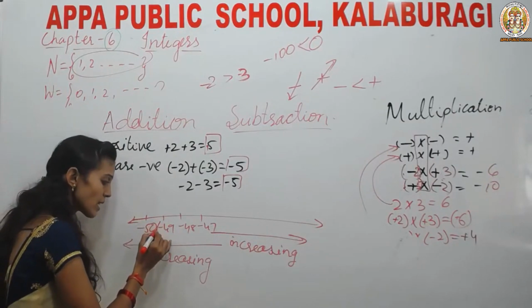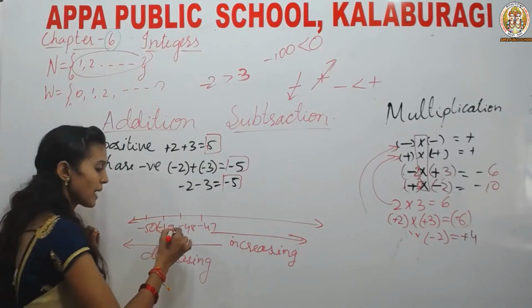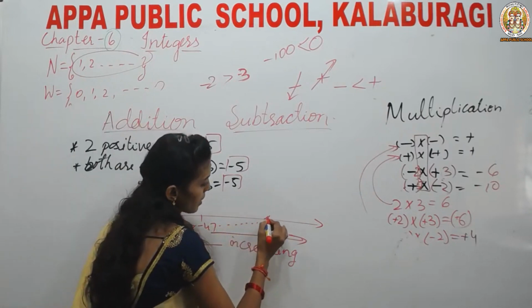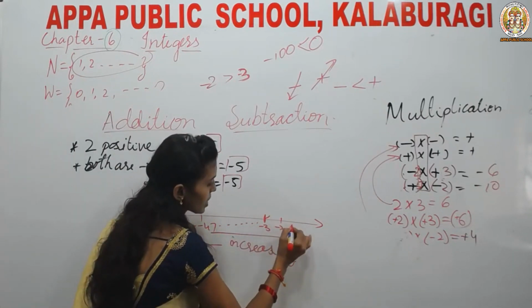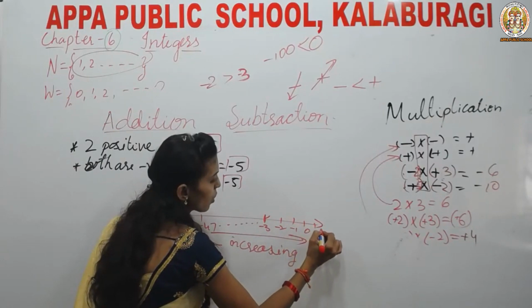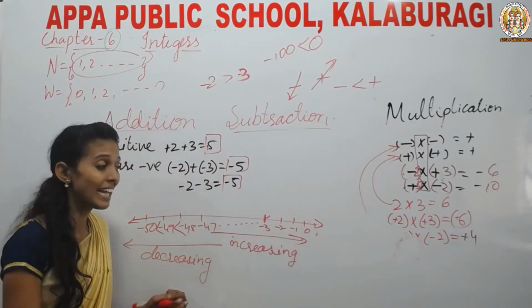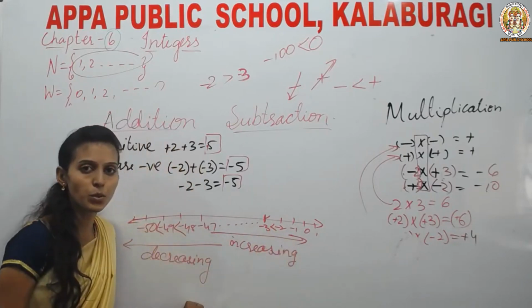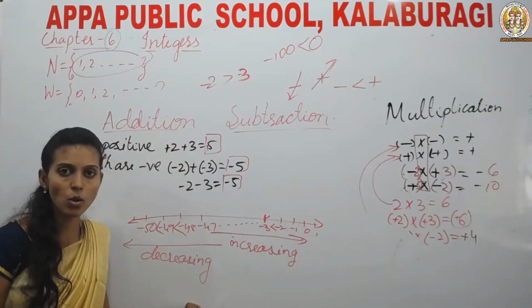So minus 50 is less than minus 49. Minus 48 is less than minus 47. Now, in the same way, this is minus 3, this is minus 2, minus 1, 0, 1, 2, and so on. In this case, again, minus 3 is less than minus 2. Did you get it? Why it is so?